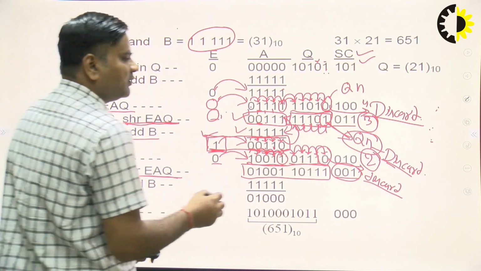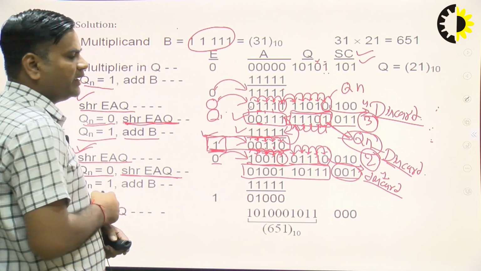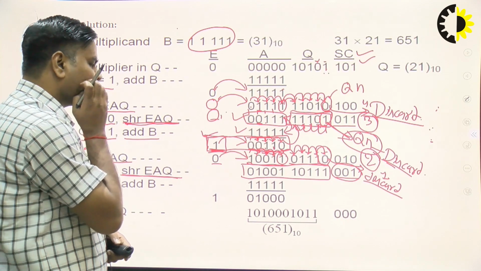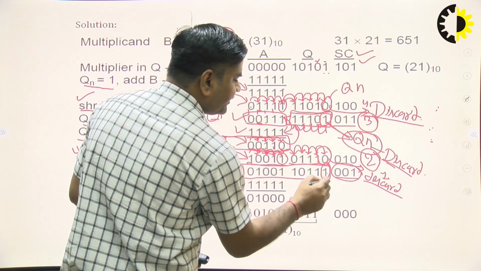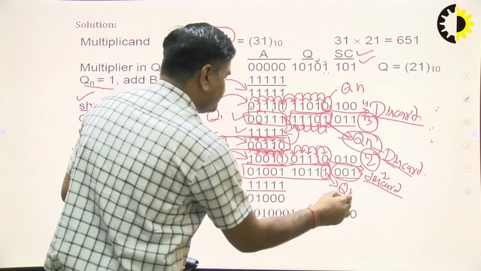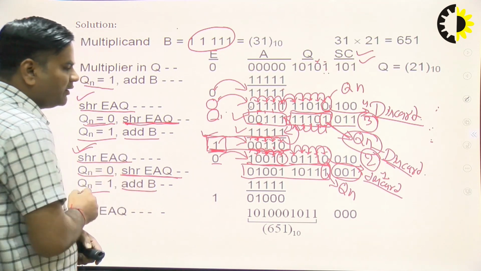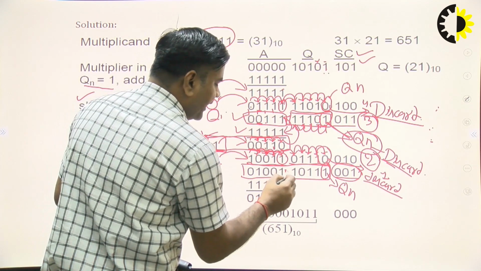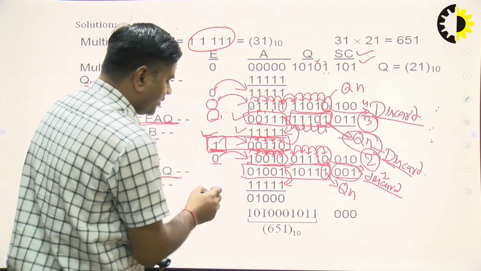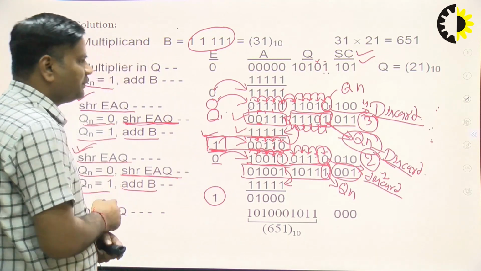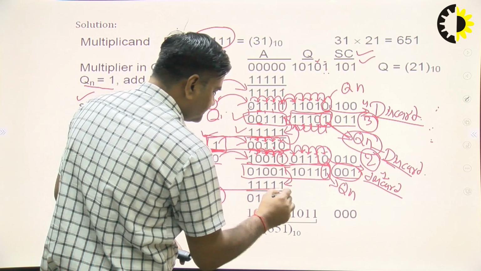Then since the sequence counter is not equal to 0, we have to check the Qn bit, that is equal to 1. If Qn is 1, we perform add B, that is, we add B to A. If we add these two numbers, we also get a carry of 1 that is placed in the E register, and we got this result.